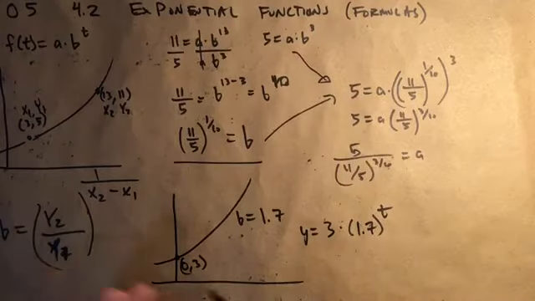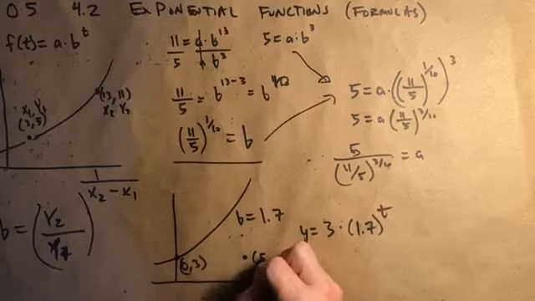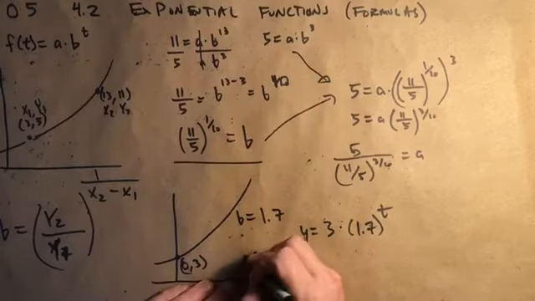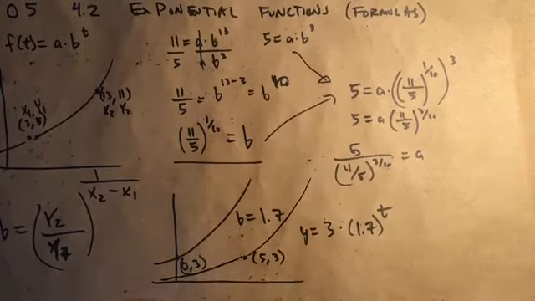And we're out, right? Not a great stretch of the imagination. But now, what if instead of going through the point 0, 3, I wanted to go through the point, say, 5, 3? And we're going to have the exact same exponential. It's just been shifted over here.